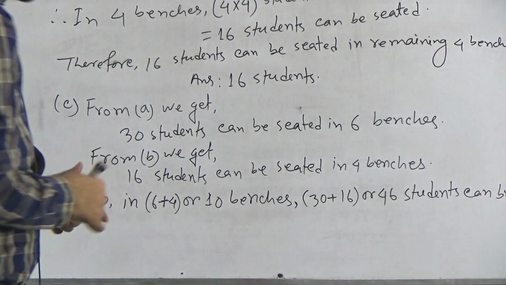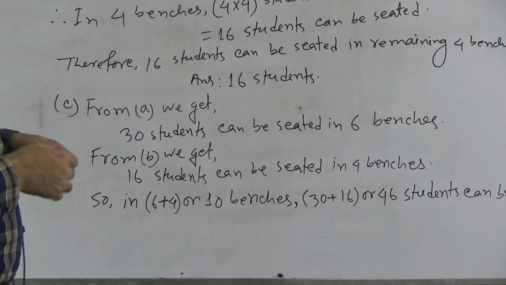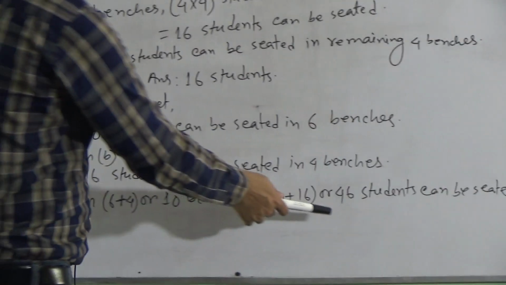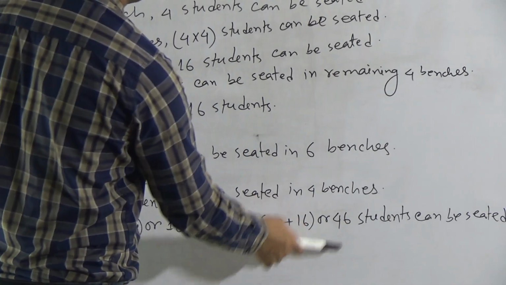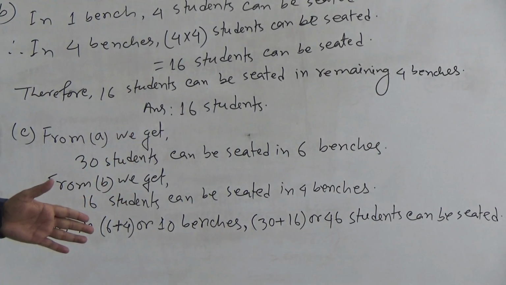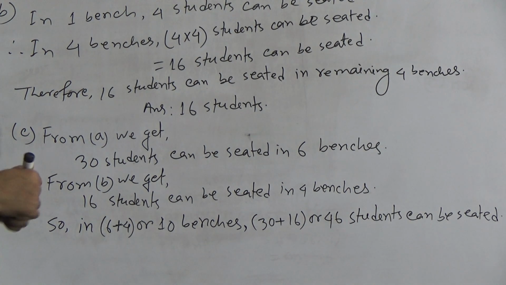Okay, dear students, so we can say therefore 46 students, if we add 30 and 16, this will be 46. 46 students can be seated all together in 10 benches.